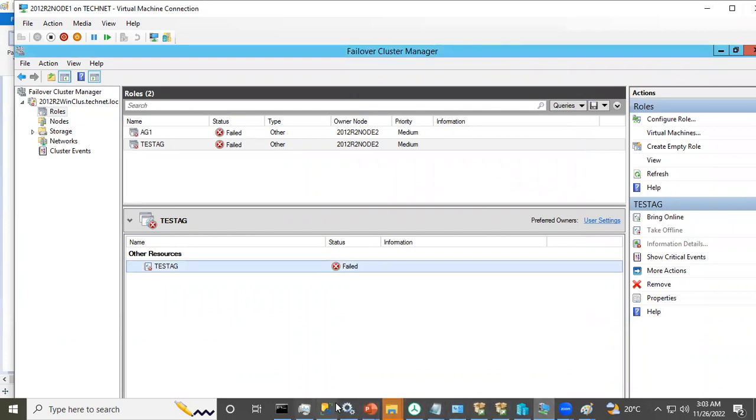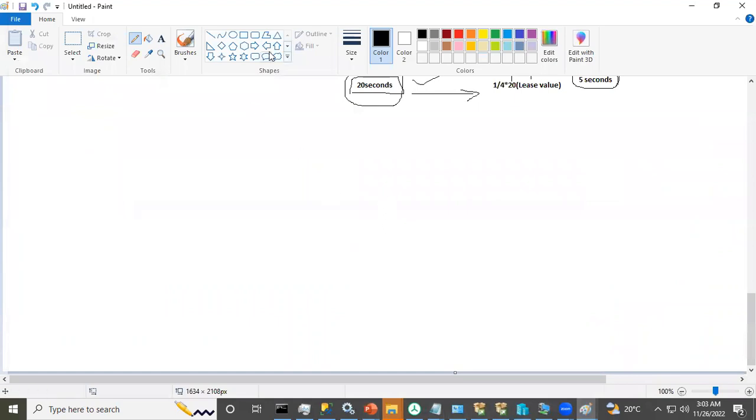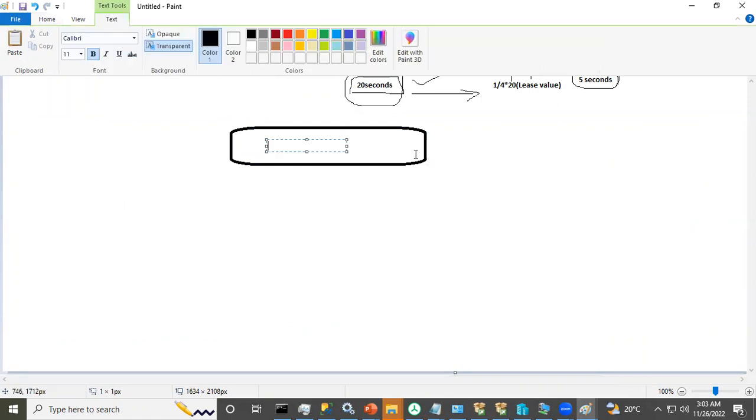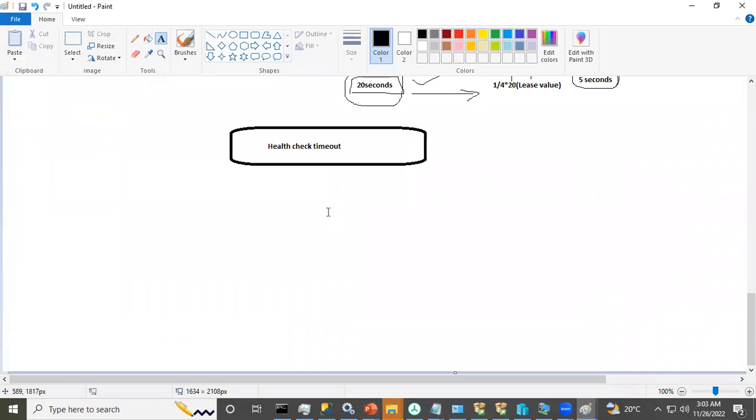Now let's look at the health check timeout. The health check timeout is somewhat similar to the IsAlive check, but not exactly.